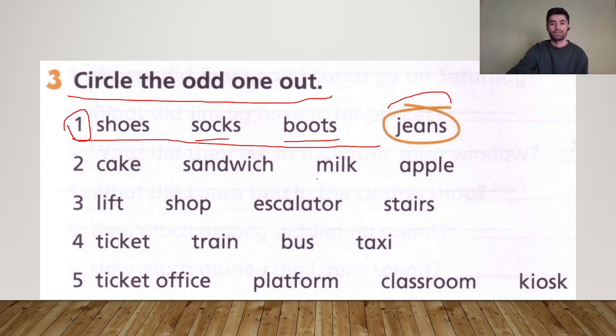Now, can you try to find the odd word in other lines? For example, the next one is line number 2. Which word do you think is the odd word here in line 2?